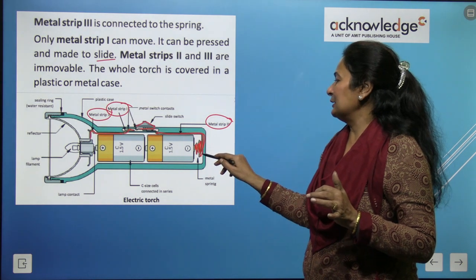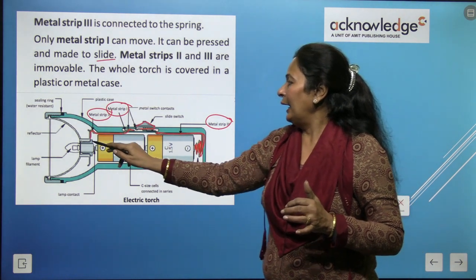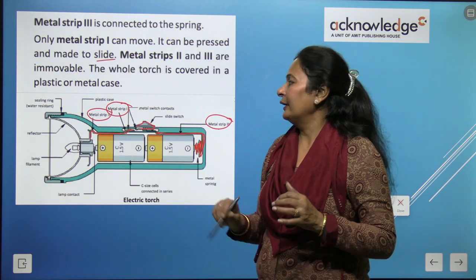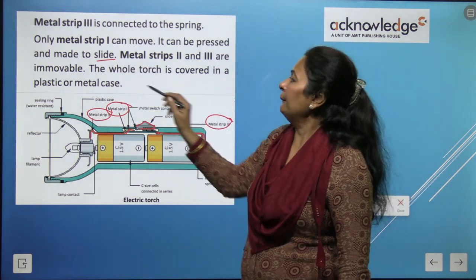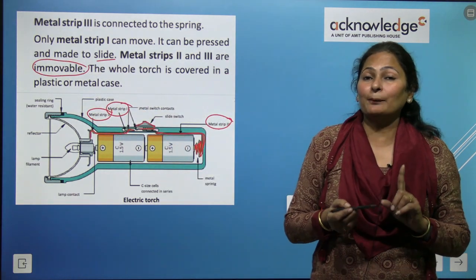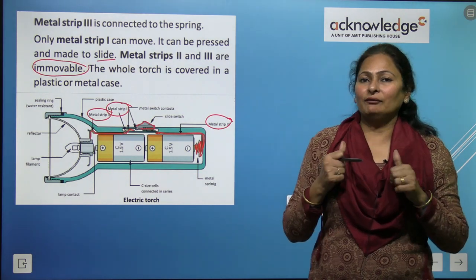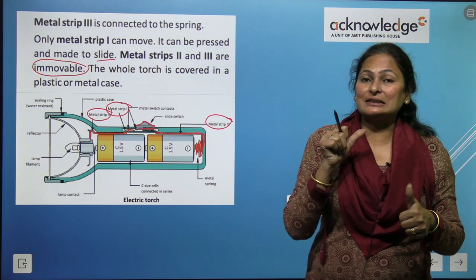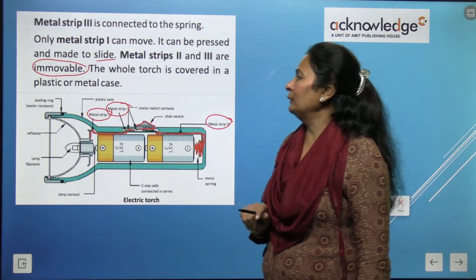These two parts are not movable. Only metal strip 1 is movable when we slide the on-off button, right? So this is the movable part.